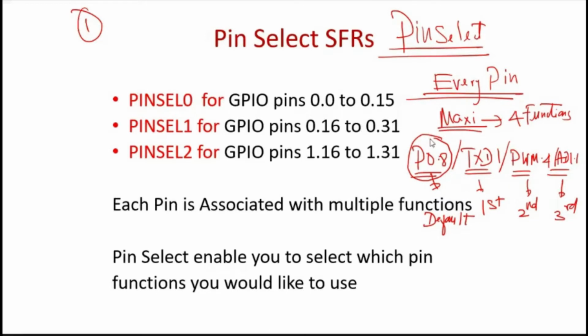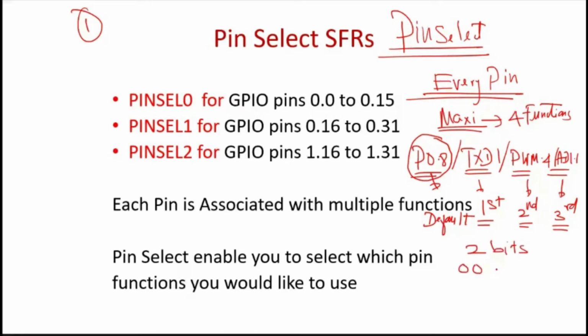If you are planning to use any other function, you have to tell the microcontroller which special function you are planning to use, whether the first, second or third special function.